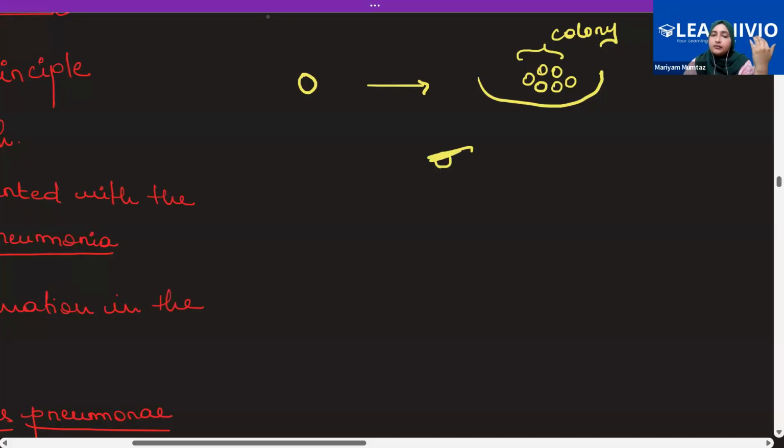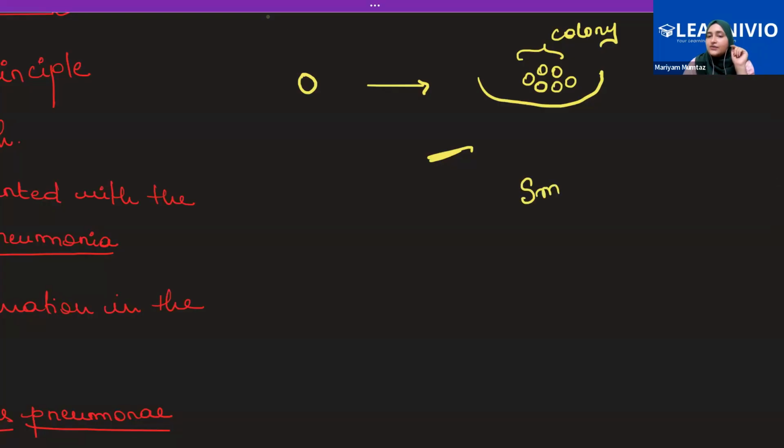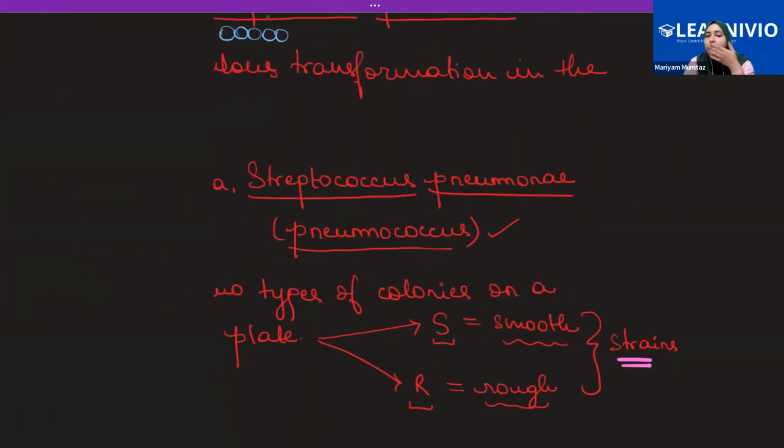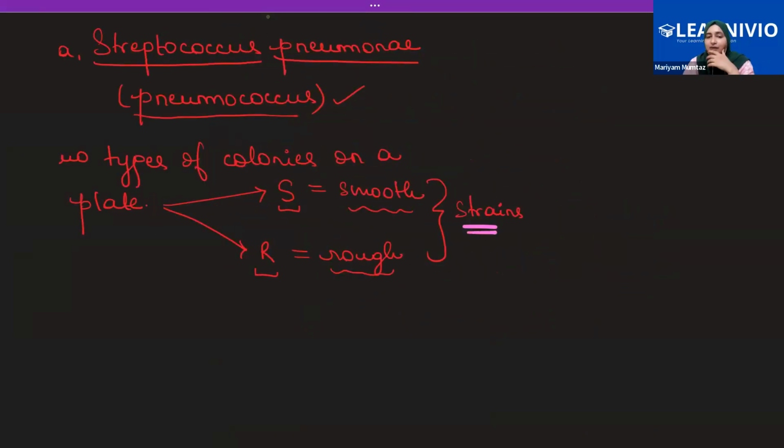So the pneumococcus produces two types of colonies. One is the smooth colony, which gives a very smooth appearance once it grows, and the other is the rough colony. So he said that there are two strains that produce two types of colony, one smooth and one rough.